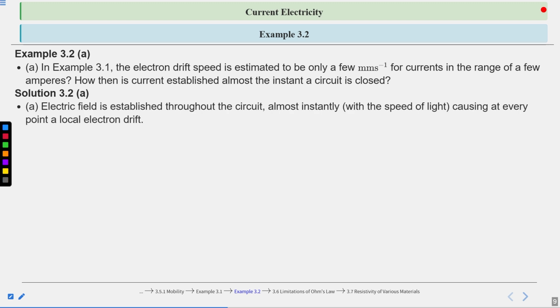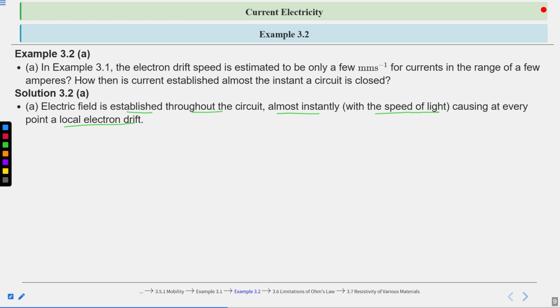So the electric field is established throughout the circuit almost instantly, without taking any time, causing at every point a local electron drift, due to which electrons present everywhere in the conductor feel the force.